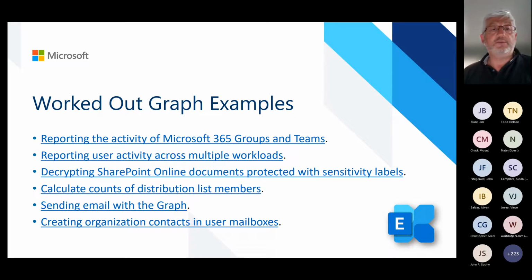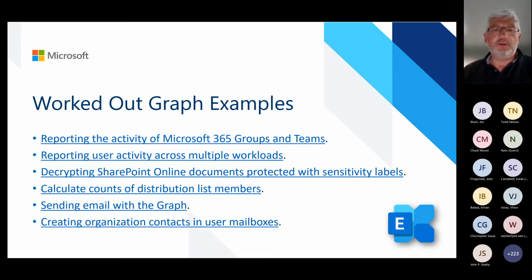So a couple of graph examples I'm going to talk about: reporting the activity of groups and teams, reporting user activities. That's kind of interesting because you go to the usage reports API and you get all the various bits of data, like what mail activity a user has, what Teams activity, what OneDrive, what Yammer activity, what SharePoint activity.